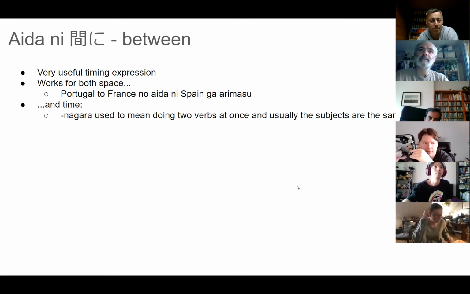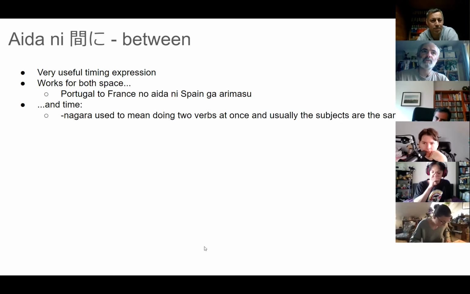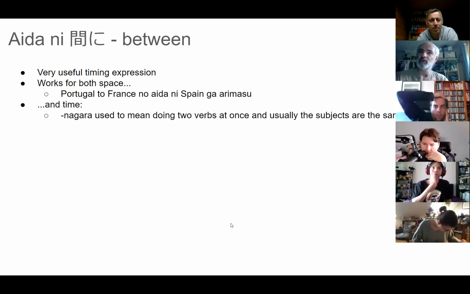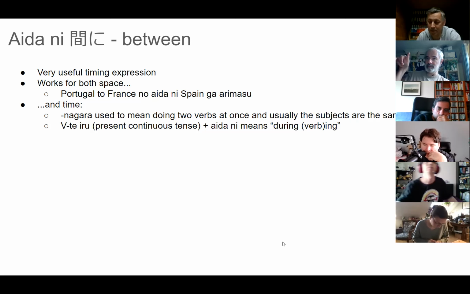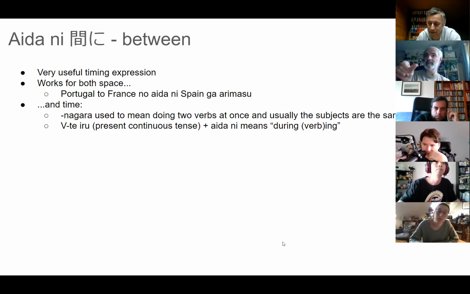Now, nagara means to do two verbs for one person, to do two verbs at once, and the subjects need to be the same. So this means that it needs to be you and not you at the same time as somebody else. Te iru, so putting the verb in the te form is the present continuous tense, and aida ni means during this thing I did something.